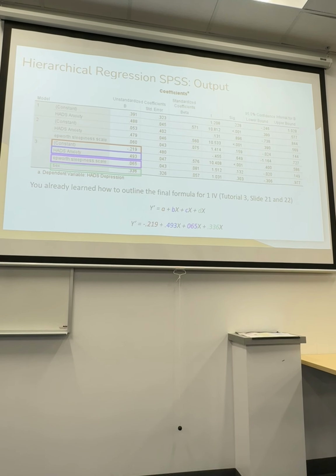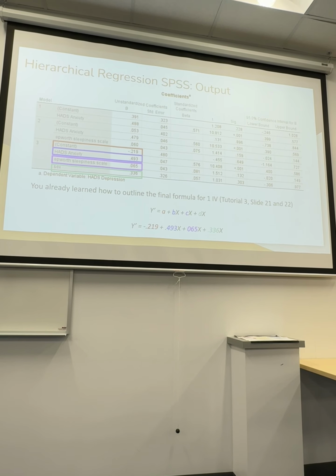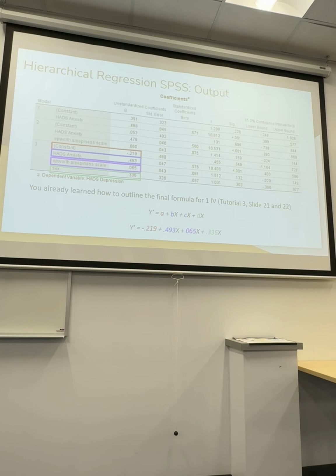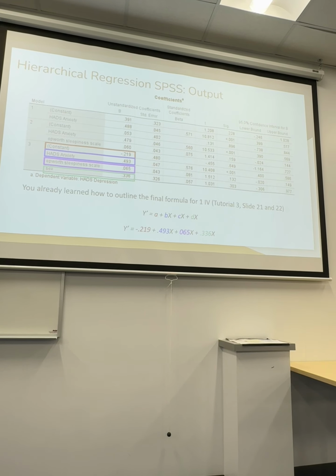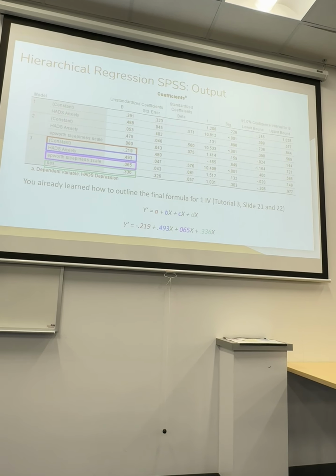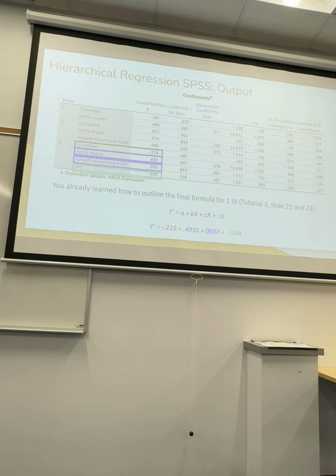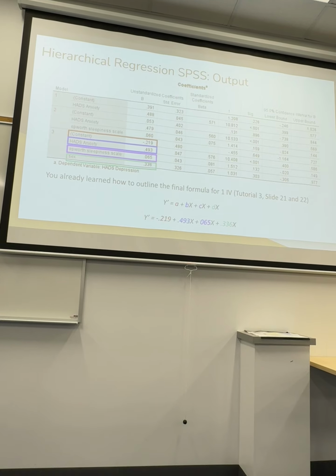Exactly the same. So, when you look at it, you have your y value, which is depression. That's our dependent variable. We have our constant. Remember, we are only looking at our final model. So it's model 3. It's in the red box. Constant is negative 0.219.